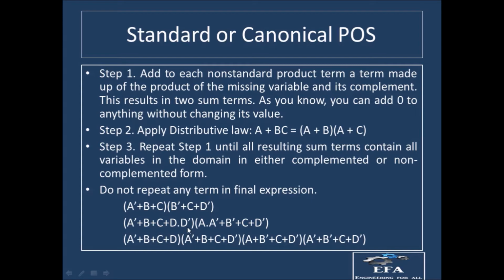On the second term, we will be having A into A bar plus B bar plus C plus D bar, right? So this again will have the value 0. This ultimately will not make any effect on the complete expression, so the output will be the same as we had in the previous expression.